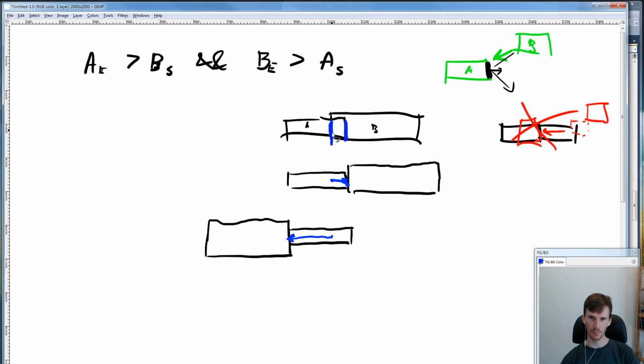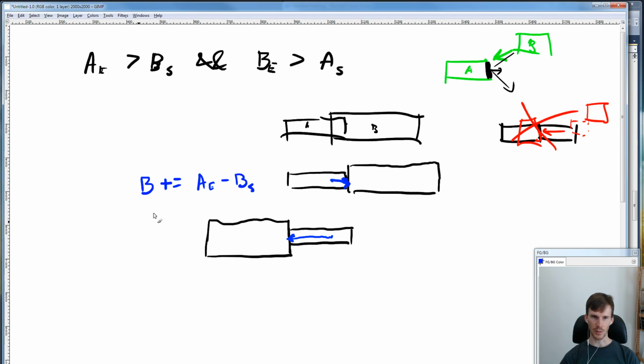It's A end, B start, and we just subtract the two to get that positive difference. So B plus equals A end minus B start. And so A end minus B start is that vector, and we're just moving all of B that amount to get there.